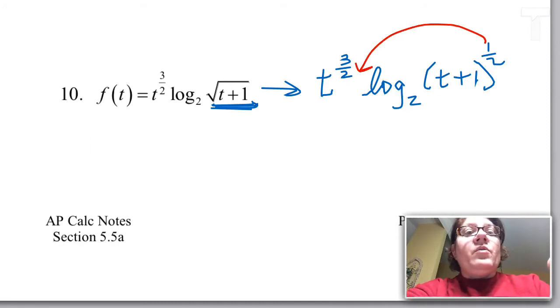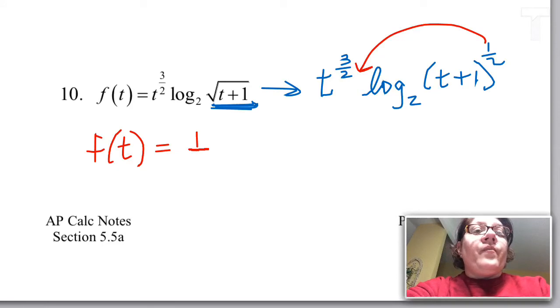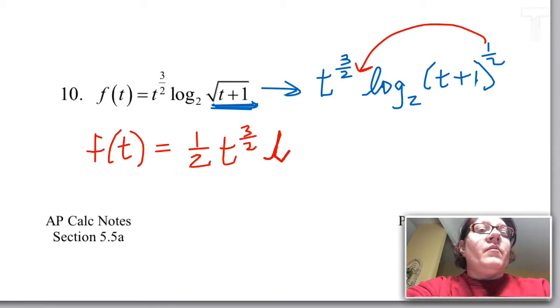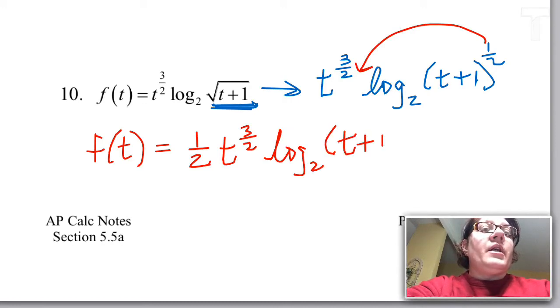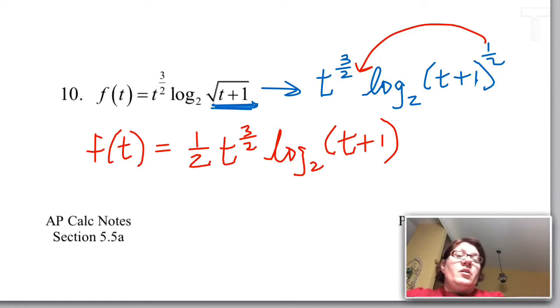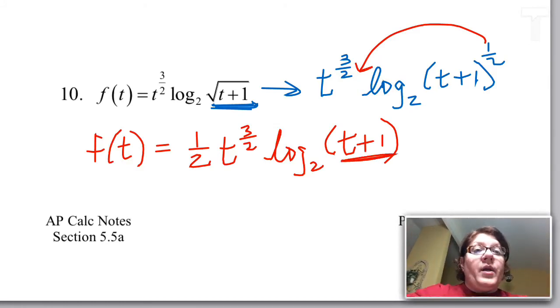And then what I'm going to do is let that go to the very front and be the coefficient on the whole thing, because it'll be a lot easier to take the derivative when there's just a plain old ordinary log quantity. Okay, so I have to use product rule.